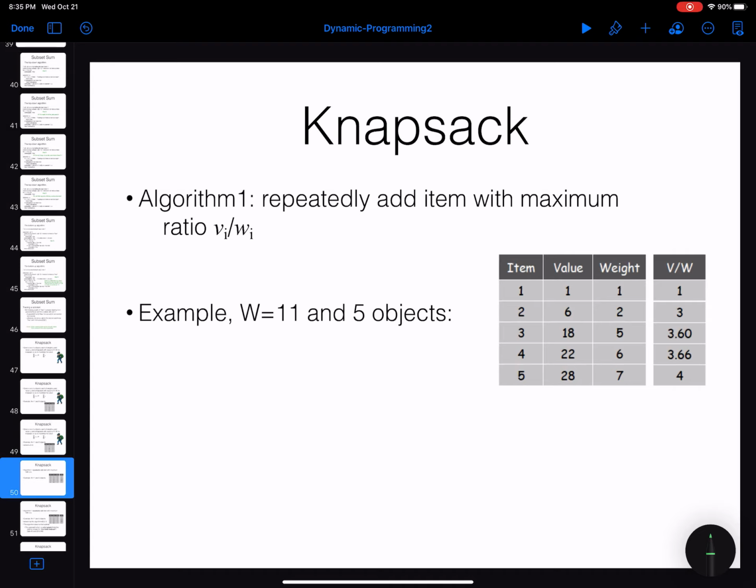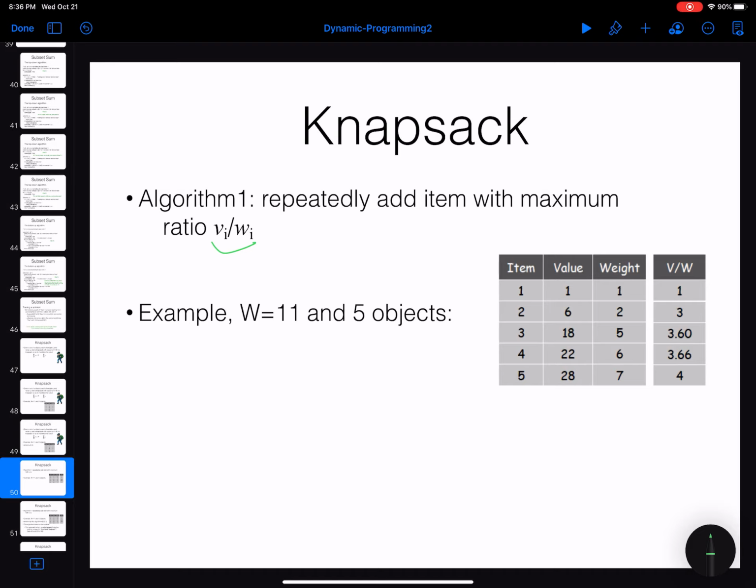One algorithm that might come to mind is that, intuitively, you would think that those objects that have higher values and lower weights are going to be preferred, right? So I can define a ratio, the value over the weight, for each object.